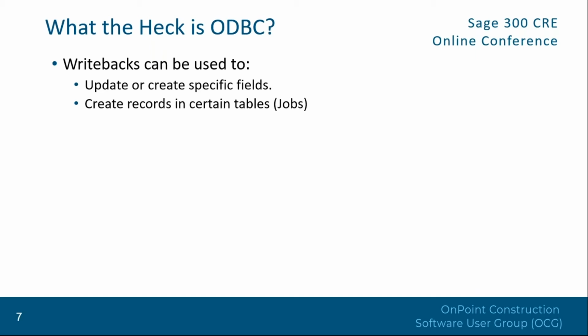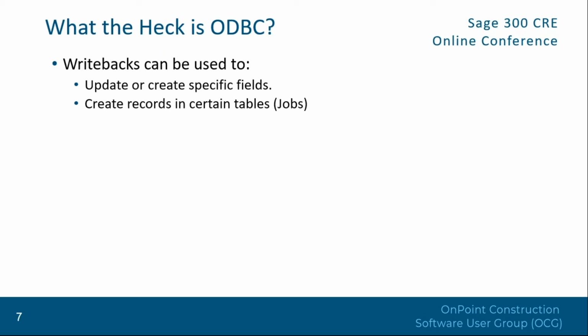And we're going to see in just a few minutes that it's an ODBC replaceable field, which means that I can actually update it and not even be inside the Sage program. In addition, you can also use this feature to create records in certain tables. So as an example, in the jobs table, we not only can modify certain fields of job information, we can actually create entirely new jobs without being inside the program.